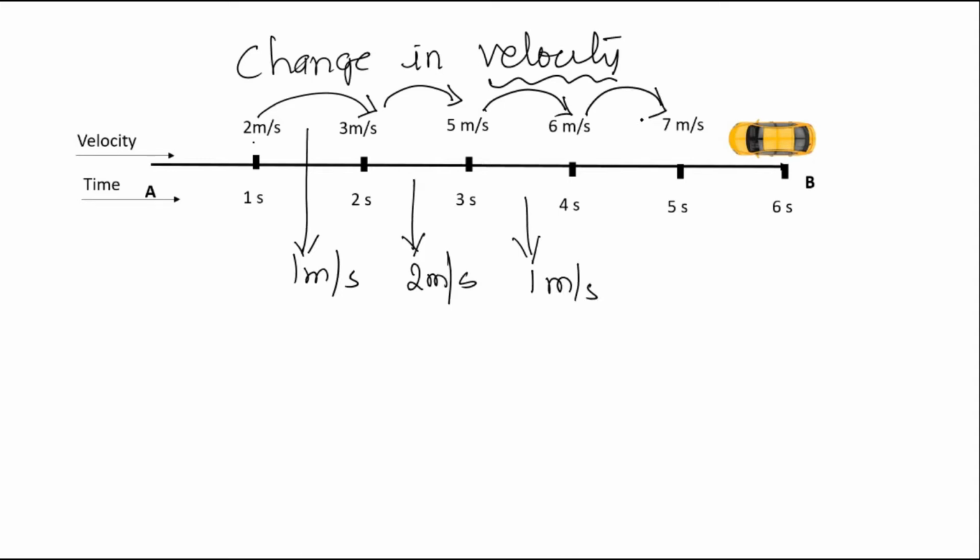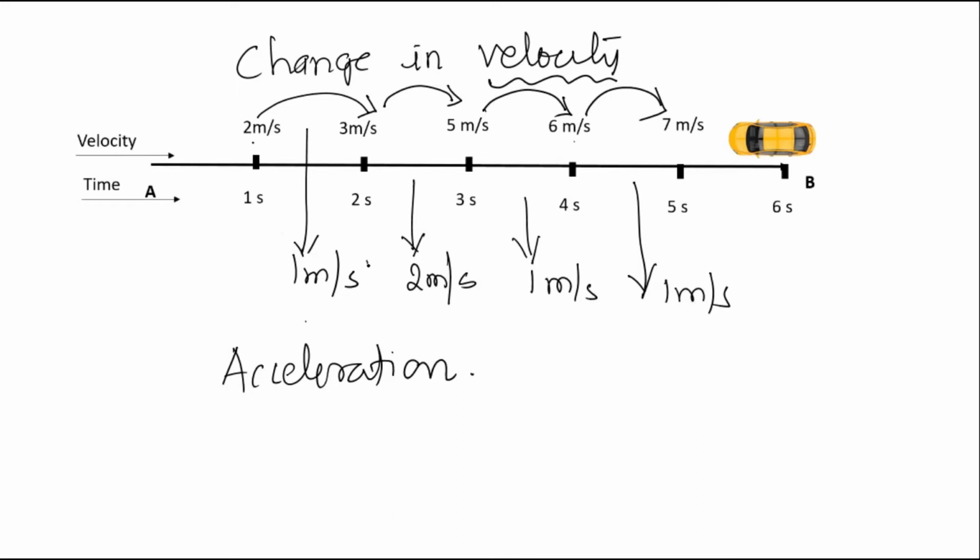And then the change is again 1 meter per second, from 6 to 7 meter per second. Look at the change in velocity. There is change in velocity and there is an acceleration in this motion.